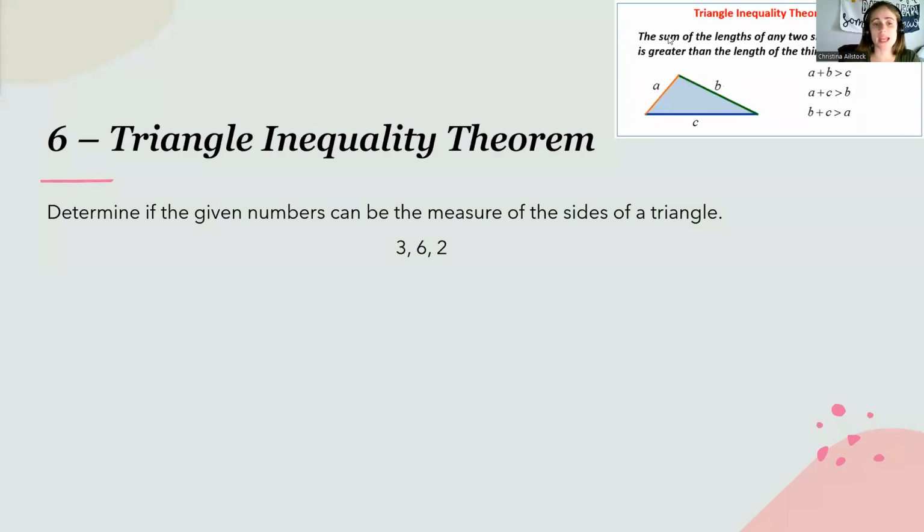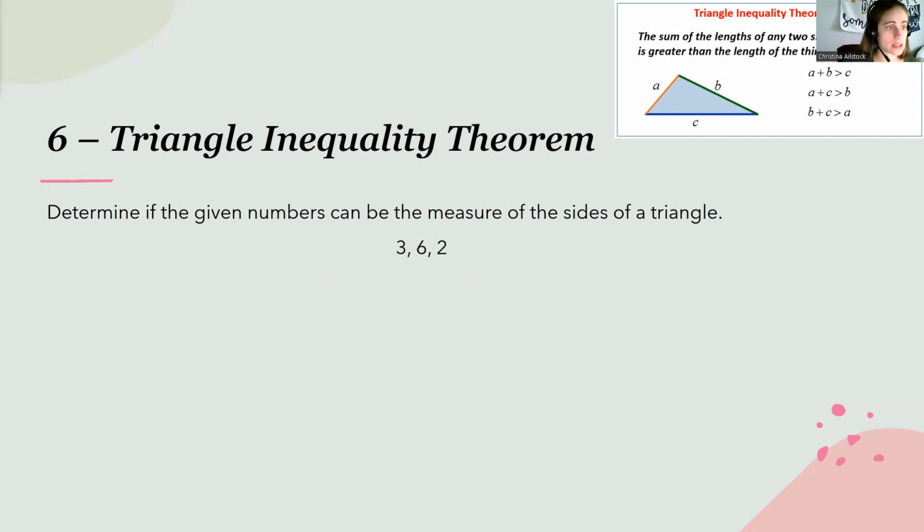Now let's talk about the triangle inequality theorem. This has to do with the side lengths of the triangle. And if we look at our little reminder graphic up here, it's telling us that the sum, so the addition of any two sides of a triangle, has to be greater than the length of the third side.